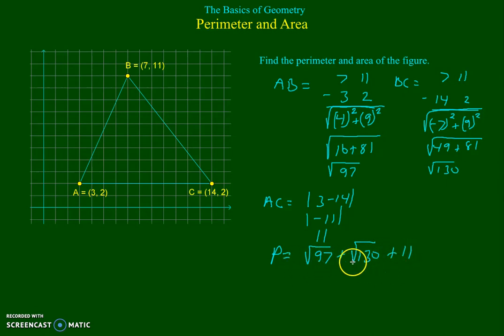Now, these are irreducible radicands here, so the easiest way to do this is to put this in our calculator and get an approximation for the perimeter, which gives us 32.3. Now, I would not recommend that you simplify each radical in your calculator, round it, and add that to 11.